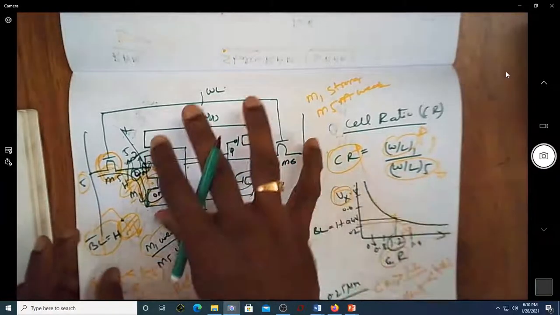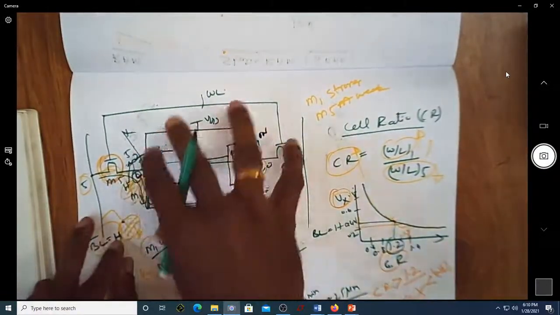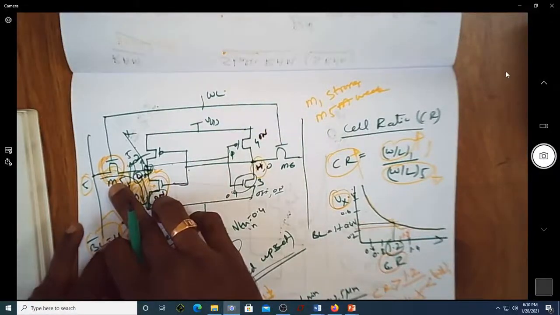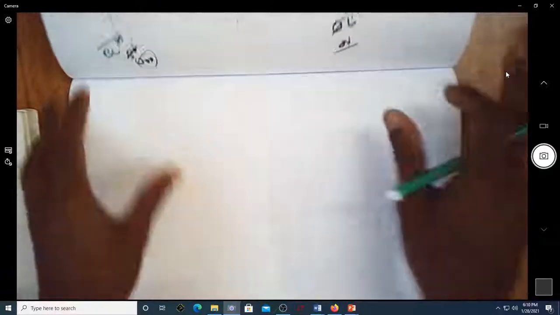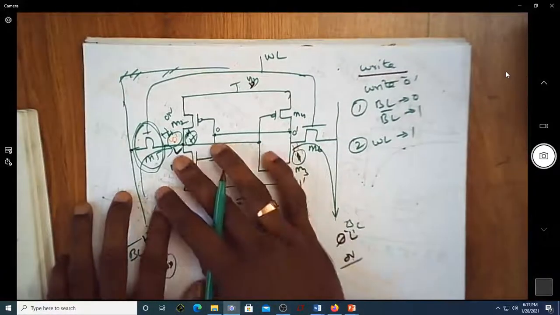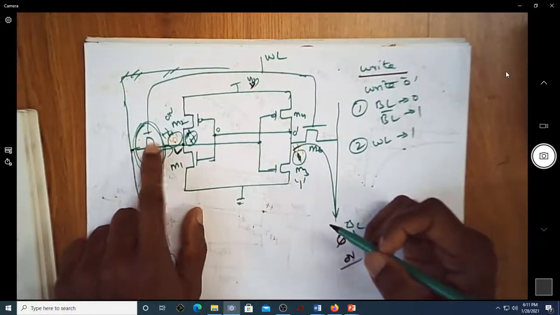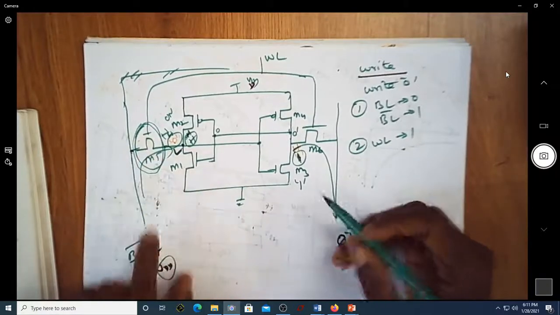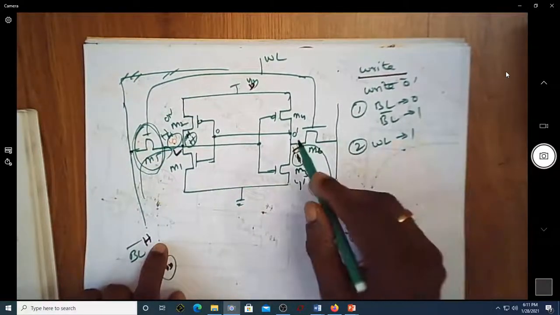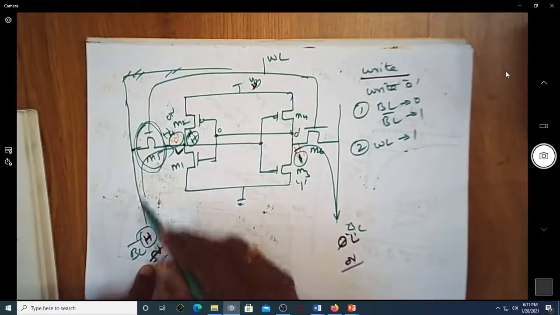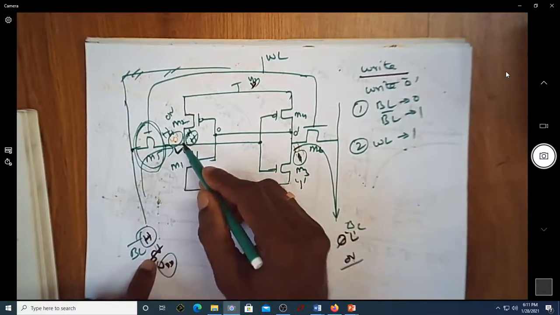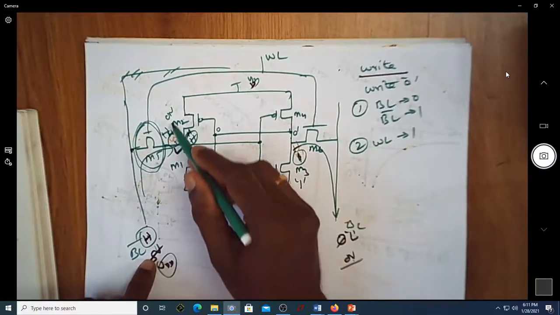Now the same transistor, with the same register with a weaker M5, if I want to use it for the writing operation, since M5 is weaker and I want to write a 0 onto this, the high which is there on your BL bar will not raise this voltage from 0 to high.